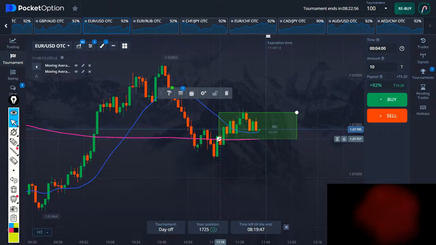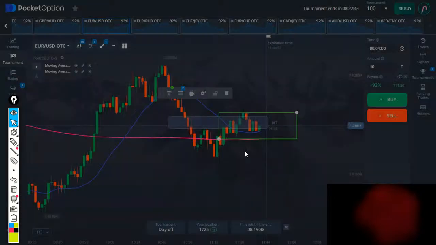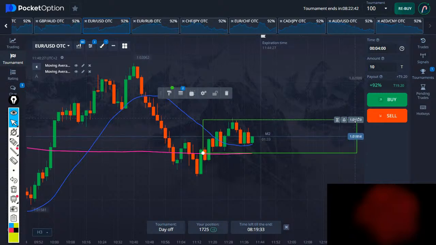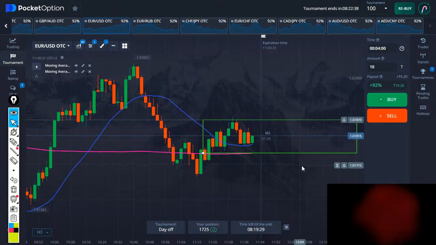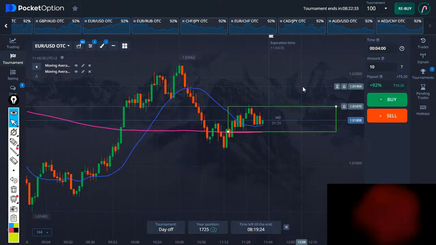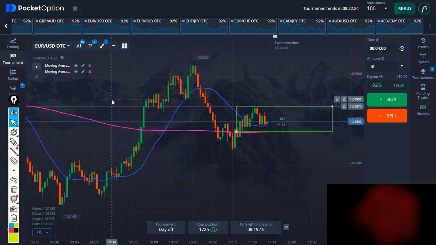However, I'll take the trade if it gives me a powerful surge to the upside. Set an alarm over here. Let's see if it's gonna move our way.